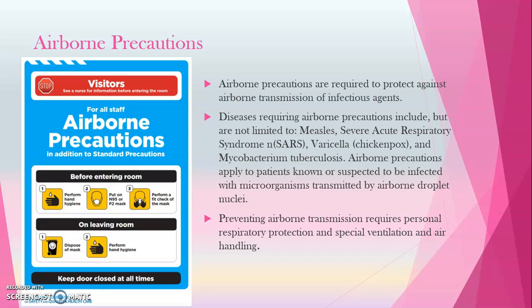Airborne precautions apply to patients known or suspected to be infected with microorganisms transmitted by airborne droplet nuclei. Preventing airborne transmission requires personal respiratory protection, special ventilation, and air handling.